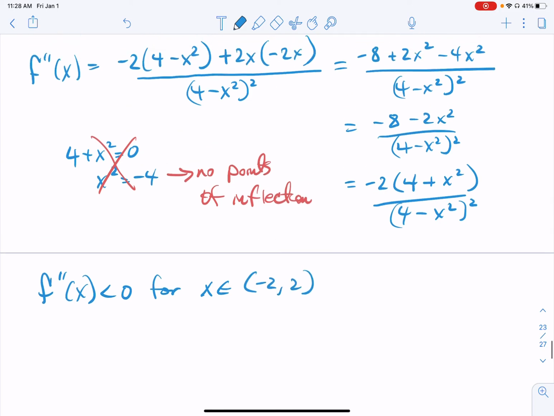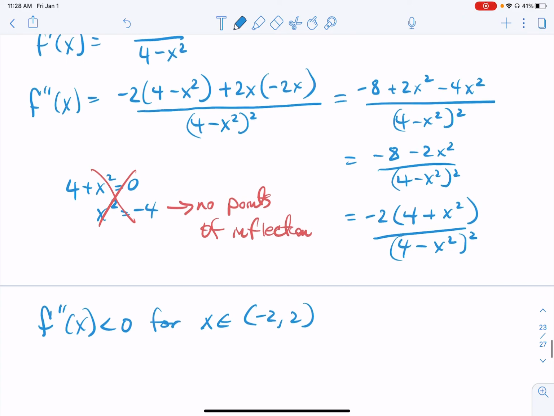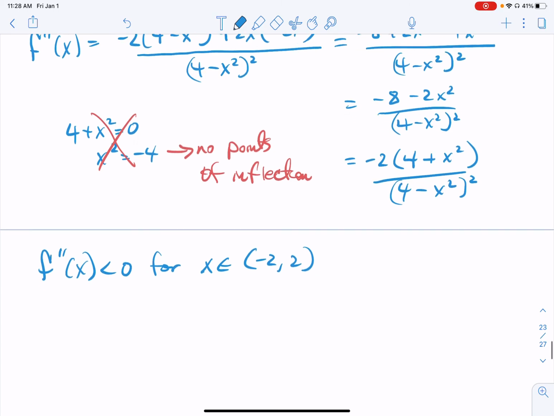Actually, that's not entirely true, right? Because it's, oh no, it actually is. It's always equal to a negative number, no matter what, in between a negative and a positive 2, which means it's always concave down.